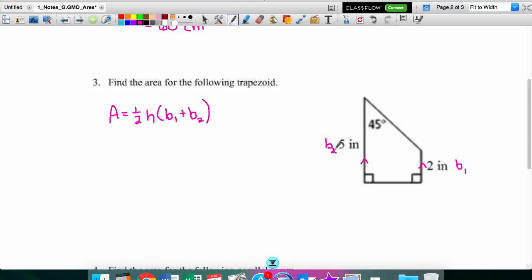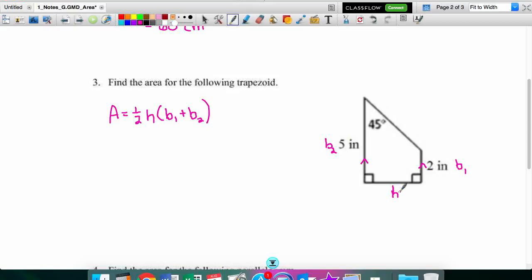So that's pretty easy. But where's the height? Well, the height is the perpendicular distance, the distance between these two, that forms a right angle, or this blank side right here. Unfortunately, the height was not given, so we have to find the height somehow, some way.